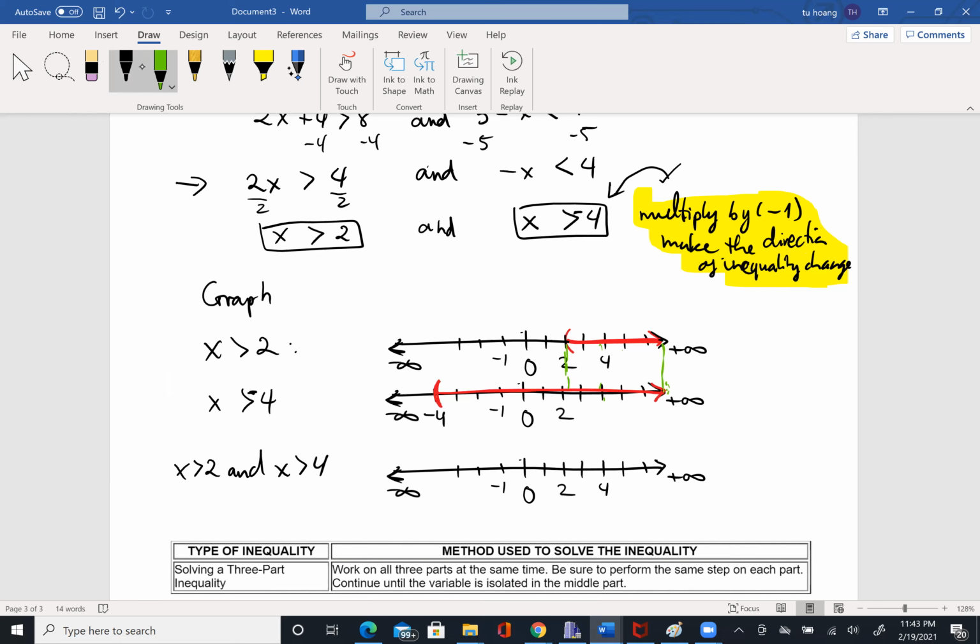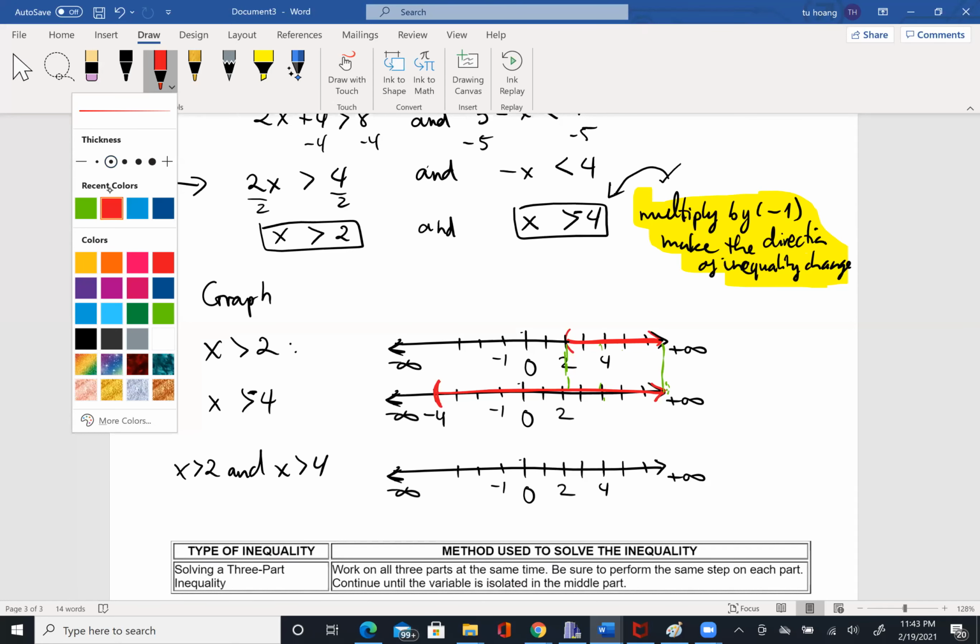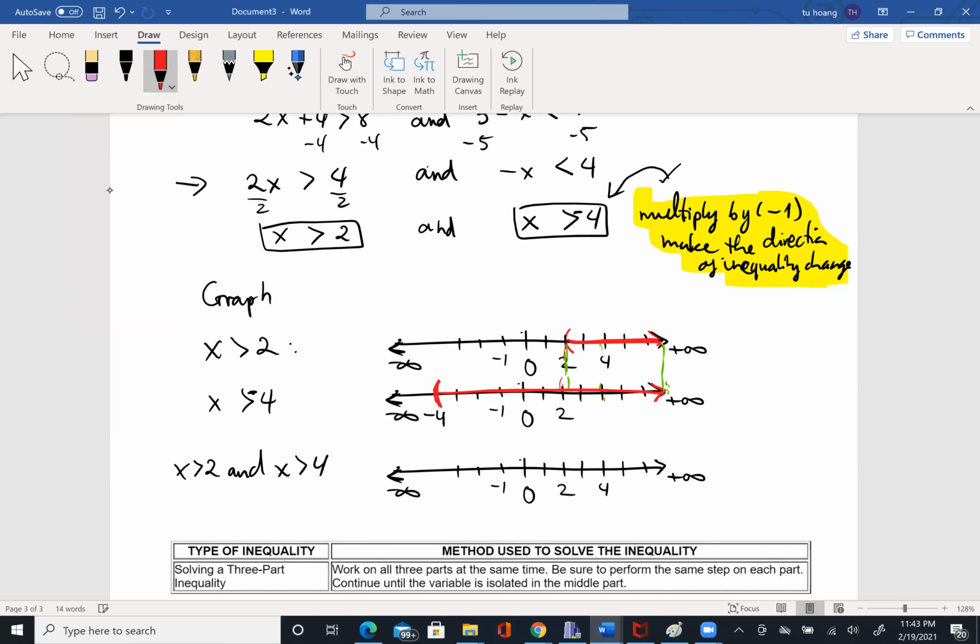So now I can say, oh, the solution, it's not really parallel. Let me try to move. Oh, come on. All right, I think this one is better.